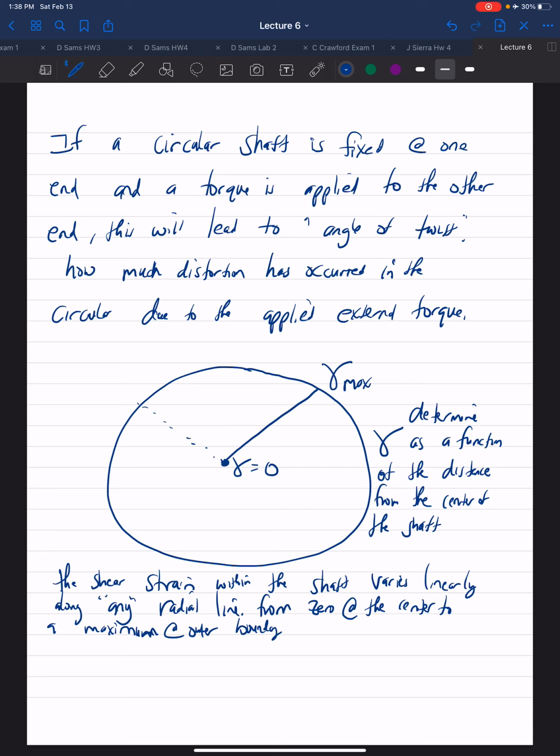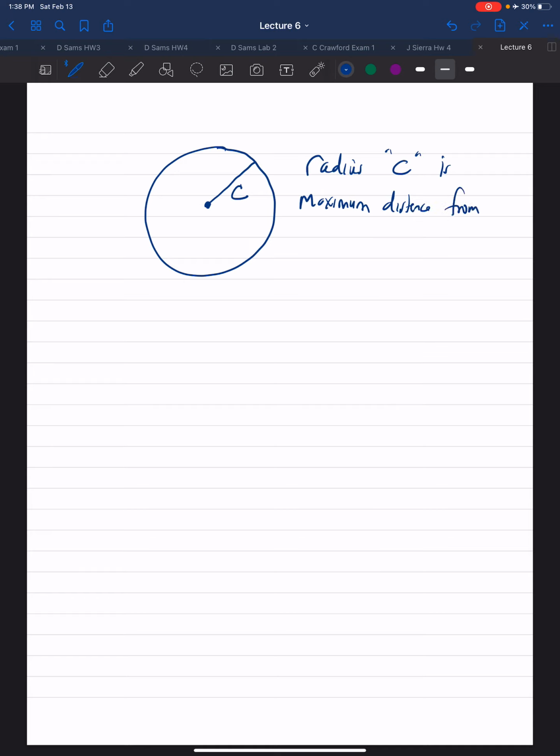As you go out from the center of the shaft to the outer surface, the maximum distance is C, the radius. Radius C is the maximum distance from the center of the circular shaft to the outer boundary.